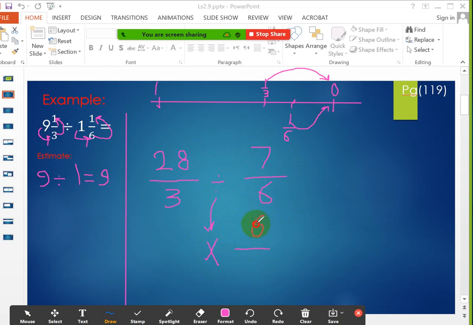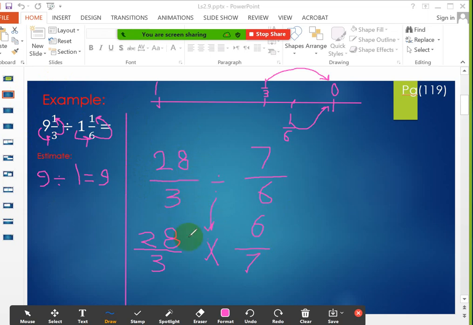That means it will be 6 over 7, and the dividend will be the same. So that's why I will write the mixed number as a fraction, because I know how to divide fractions. It's easy for me. So I write the mixed number as a fraction: multiply the whole number with the denominator, add the answer to the numerator, and the denominator will be the same.